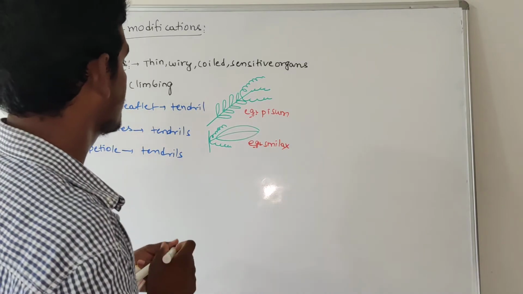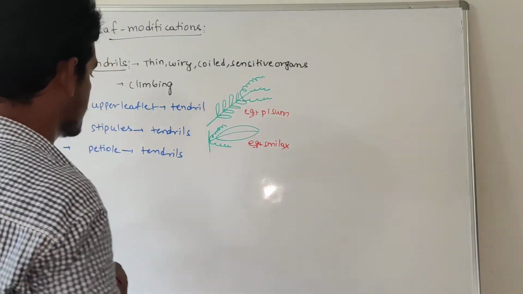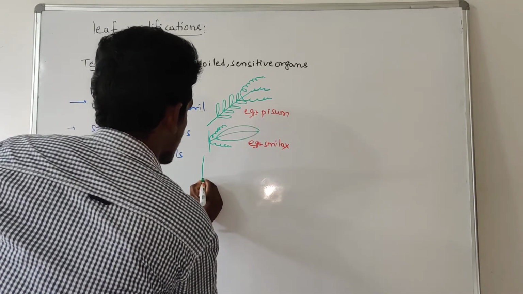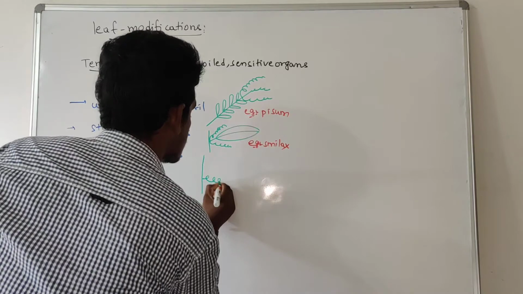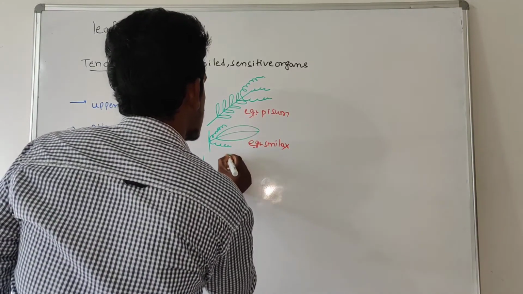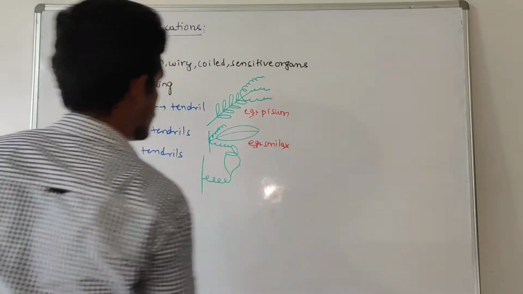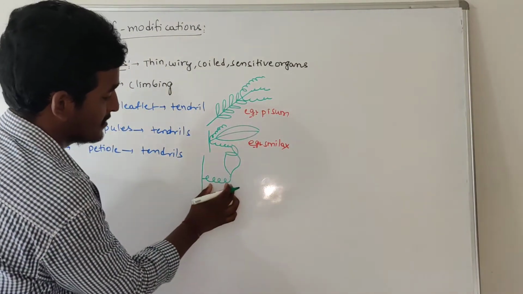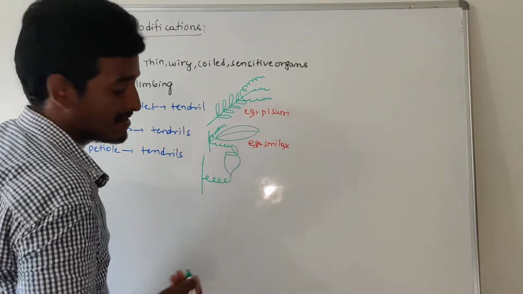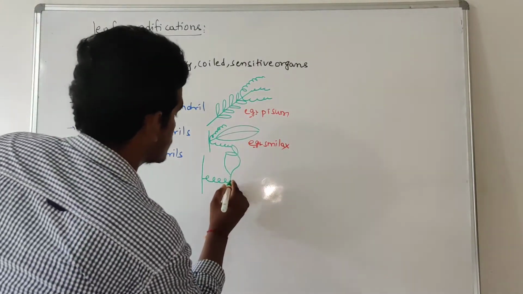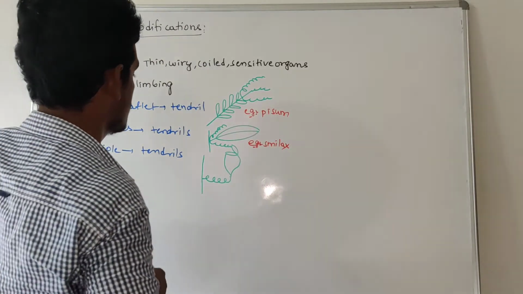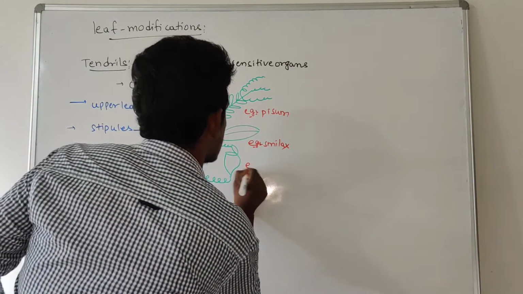If you take a Nepenthes plant, see, it is the leaf base and it is the petiole. It is the petiole, the leaf base, and the lamina portion. It is the leaf apex. Here the petiole portion is modified into a tendril. The example for this one is Nepenthes.